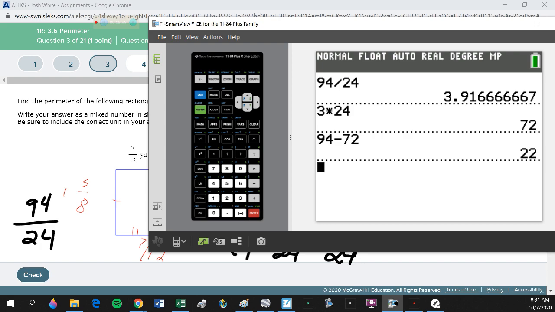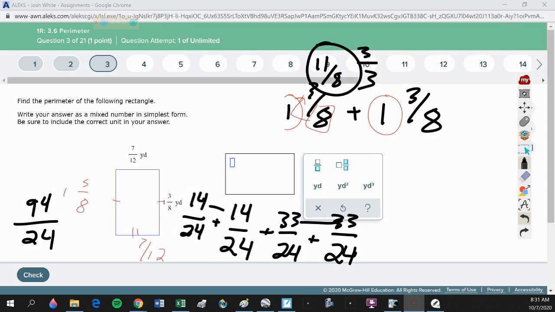Do you guys understand that? So it's going to be 3 and 22 over 24. So 3 and 22 over 24. Does that simplify? Yes, 3 and 11/12 yards.